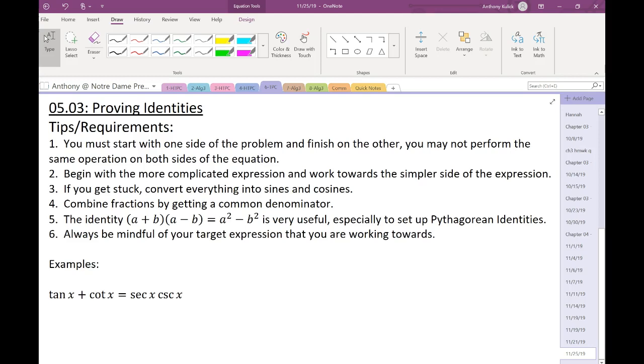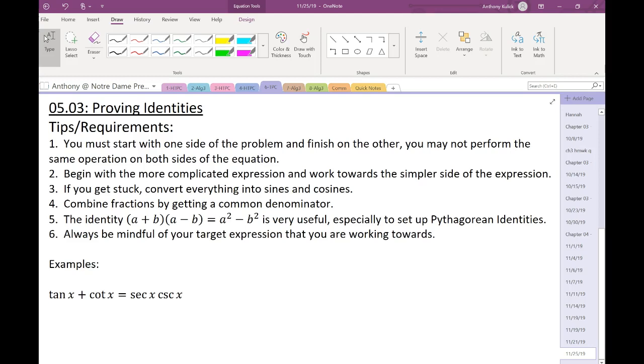The identity a plus b times a minus b is equal to a squared minus b squared is very useful. What is the name for that identity? We talked about it last year in the algebra course. A plus b times a minus b equals a squared minus b squared. That had a name. Does anybody remember that name from last year?